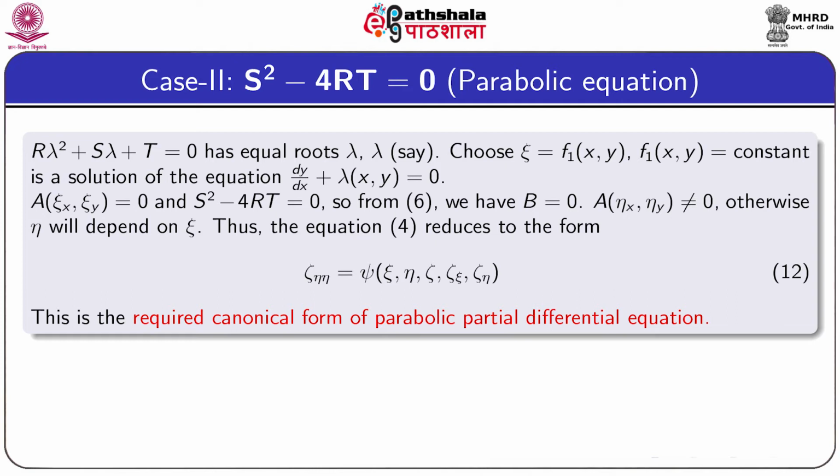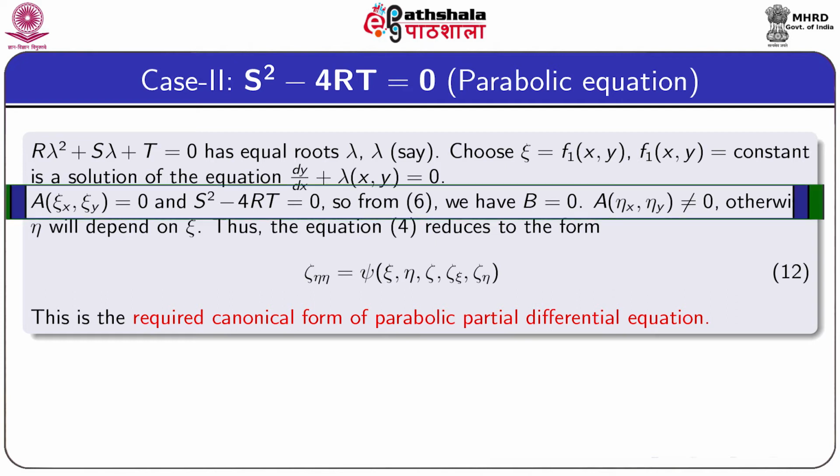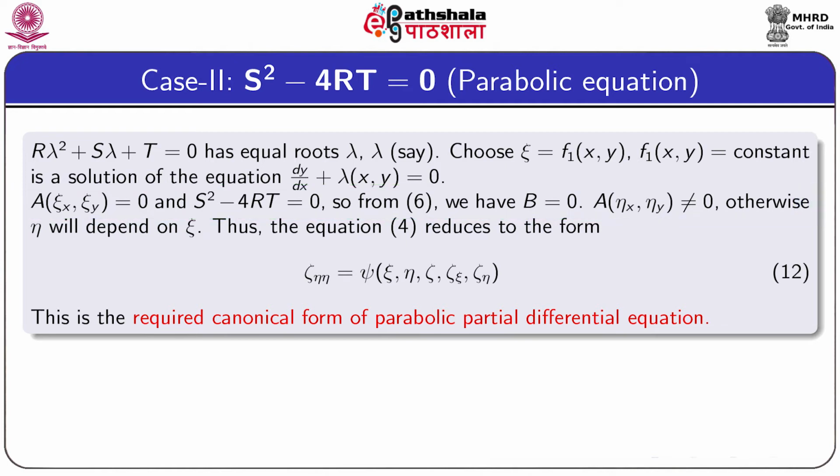Now, a xi x, xi y equals to 0 and a square minus 4RT equals to 0. So, from equation 6 we have b equals to 0, but a eta x, eta y cannot be 0, otherwise j will become 0. So, we cannot choose eta and xi as two independent coordinates.